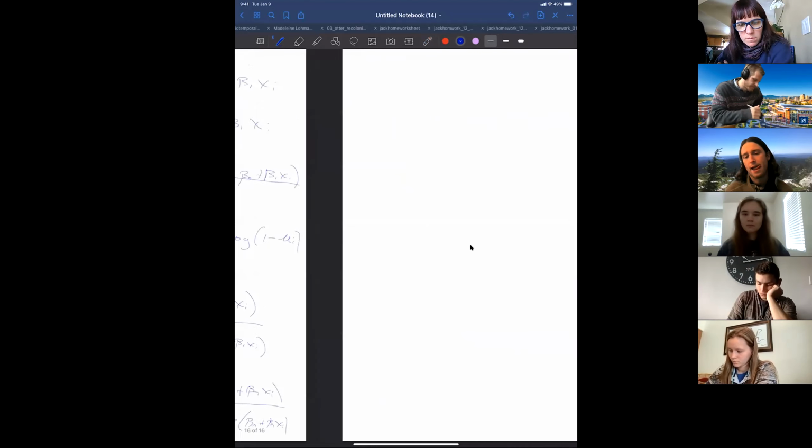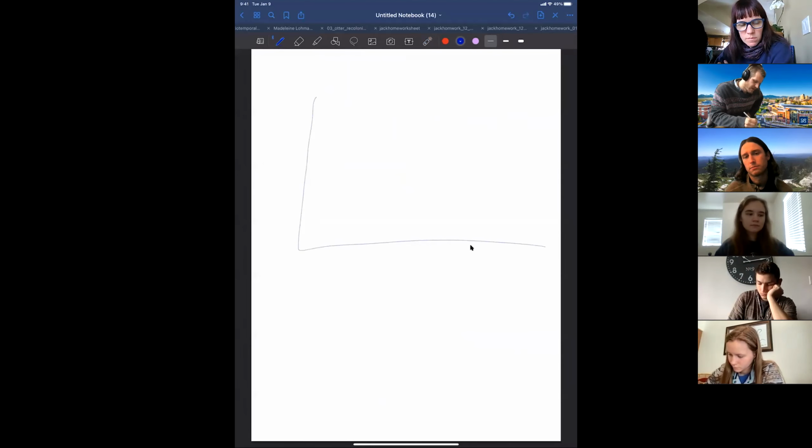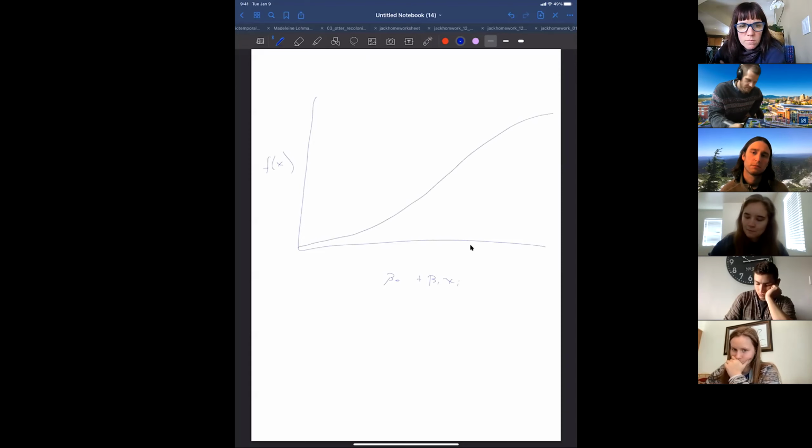And that looks like, if this is beta 0 plus beta 1 xi, and this is that function of x I just wrote, it looks like either like this if beta 1 is positive, or like this if beta 1 is negative. And it describes how this probability of success, we'll call it mu, changes with changing values of x.